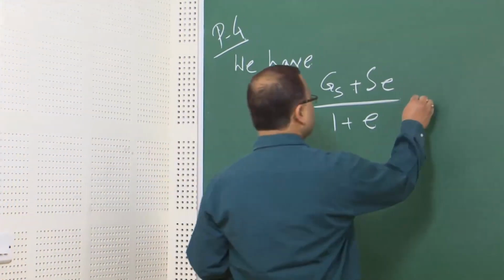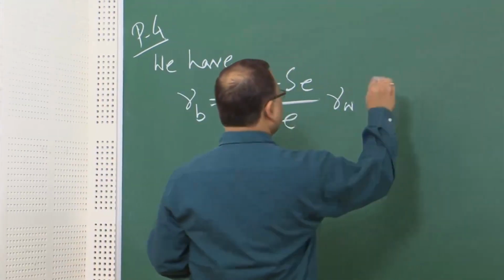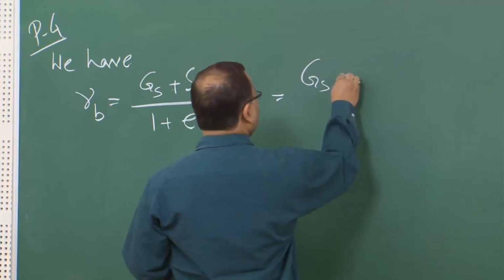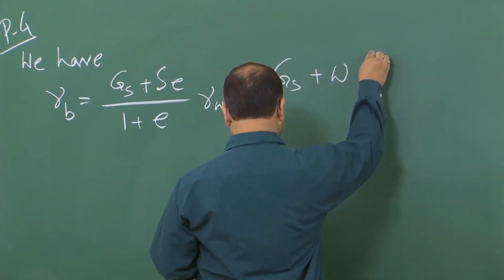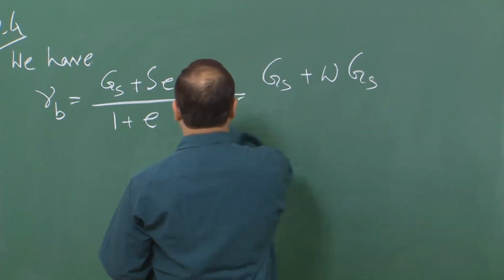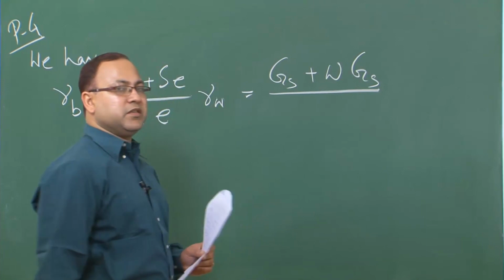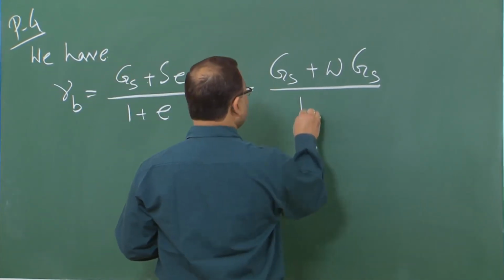Here, S e is nothing but water content multiplied by Gs, as we have seen in the last to last problem.